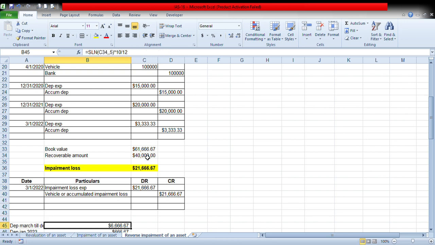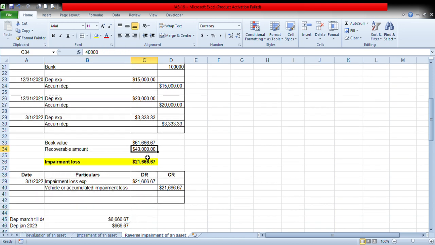So depreciation on December 31st, but this time I will take the recoverable amount, not book value, because my new value is now this market value, right? On that basis I calculate, because I've already calculated two months till February.